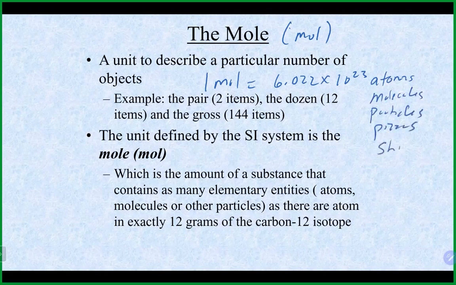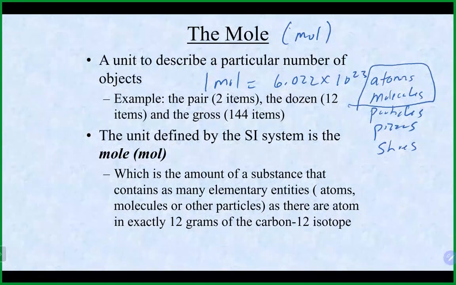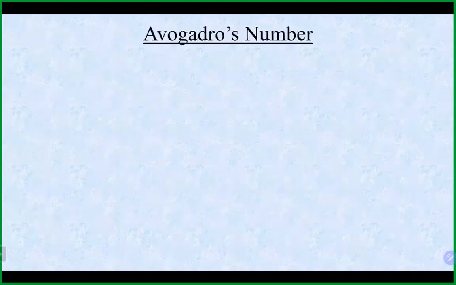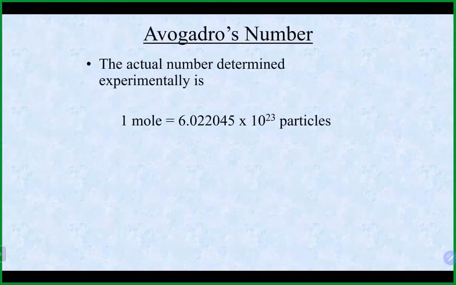They could be shoes, whatever it may be. Although you do come across the occasional pizza in chemistry, most of the time it is going to be atoms and molecules, which are the most common units that we associate with Avogadro's number. So 1 mole of anything, just like a dozen of something represents 12, a mole of something in chemistry represents 6.022 times 10 to the 23. Which, as I mentioned, is Avogadro's number here.